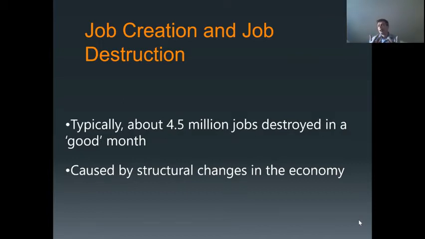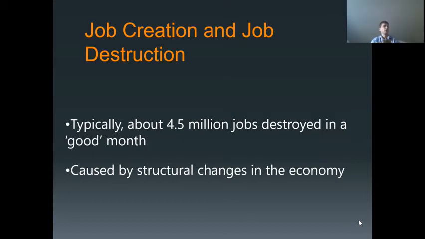So the people who used to weave together fabric in order to make cloth, that job no longer exists. It was destroyed by the automatic looms and automatic weavers that came out in the 1800s. That is creative destruction.